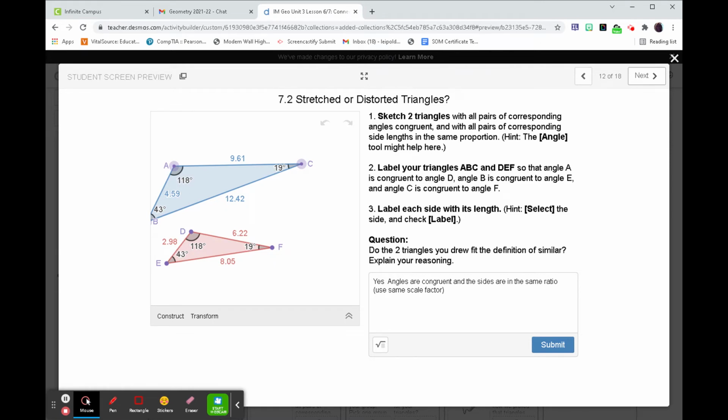You want to label the triangles ABC and DEF so that A corresponds to D, B corresponds to E, and C corresponds to F. And then once you do the labeling, you want to label not only the points, you want to label the angles, you want to label each segment, and then check your ratios and see if the ratios are the same.